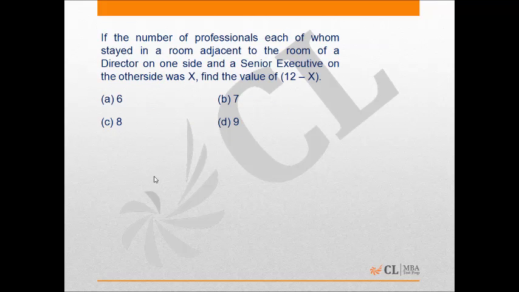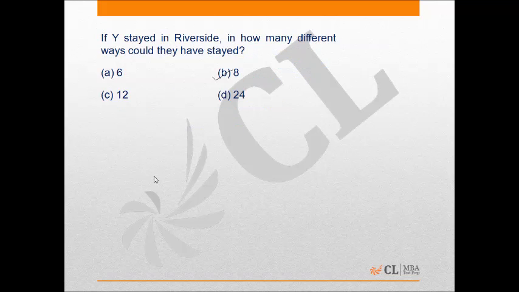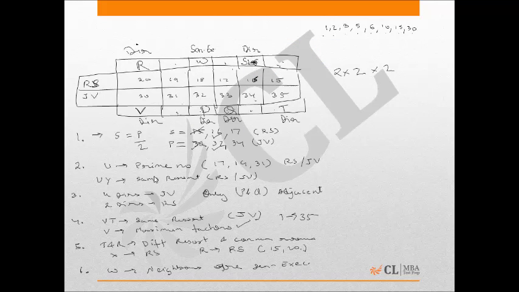Next, if the number of professionals, each of whom stayed in a room adjacent to the room of a director on one side and a senior executive on the other side was X, find the value of 12 minus X. So we have to figure out the number of professionals who stayed in a room where on one side a director stayed, and on the other side a senior executive stayed.